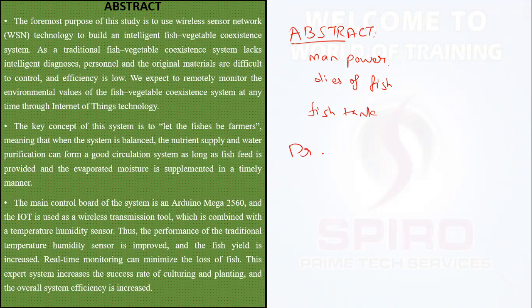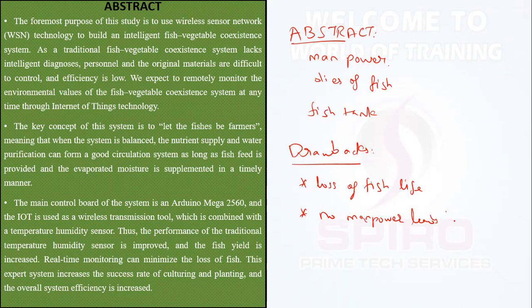Drawbacks: loss of fish life; if there is no manpower, it leads to improper maintenance.